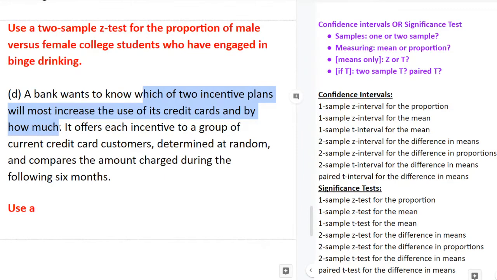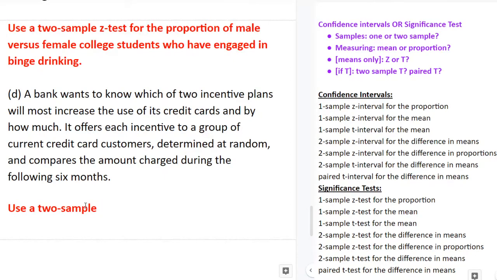So this really seems to me like a confidence interval right off the bat, because we're looking at an amount that we want to know how much did it increase. So if we want to know which one increases the most, you're going to be looking at comparing two different samples, subtracting them, and seeing which one's bigger or smaller. So in that case, you're going to be doing a two-sample interval, and you just have to decide, is it a Z or a T interval at this point.